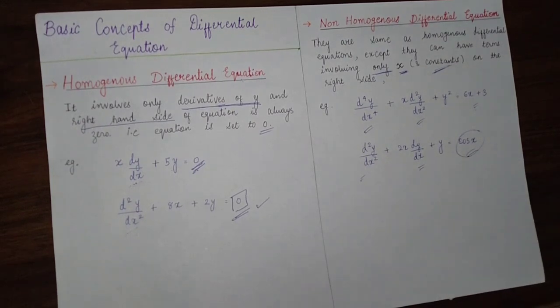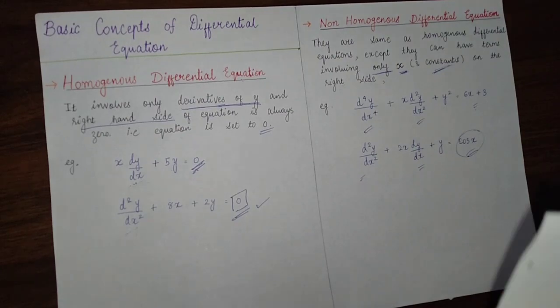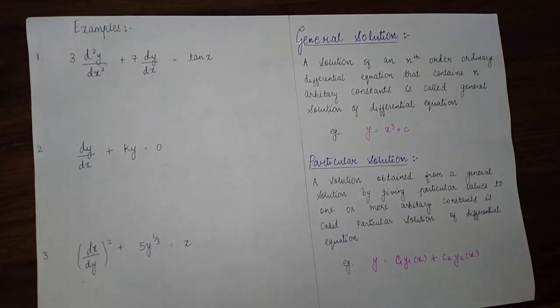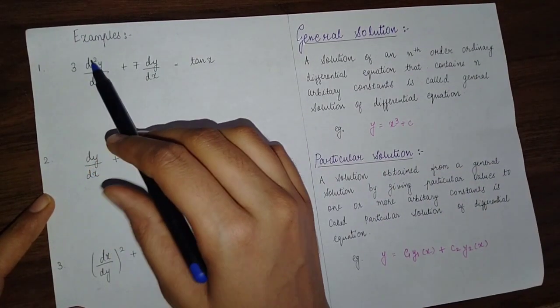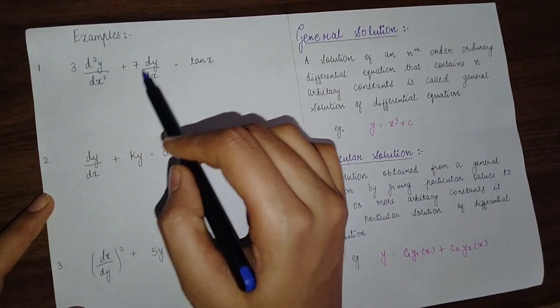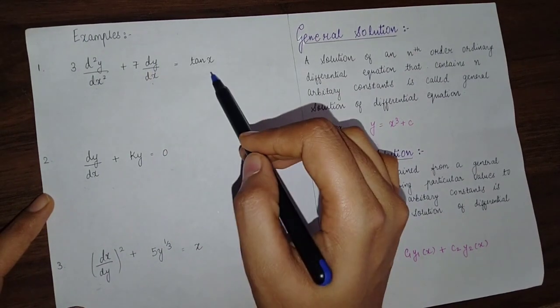So we can easily find whether a given equation is a homogeneous differential equation or a non-homogeneous differential equation. So now let us see some examples. Here we have to identify whether the given equation is homogeneous or non-homogeneous. Okay, then you can easily identify here. See, here we have 3 d square y by dx square plus 7 dy by dx equal to 10x.